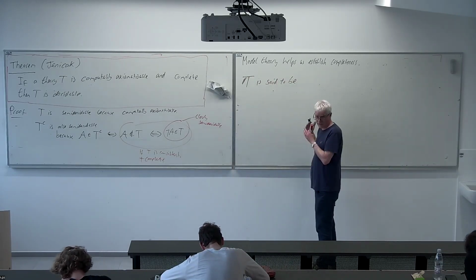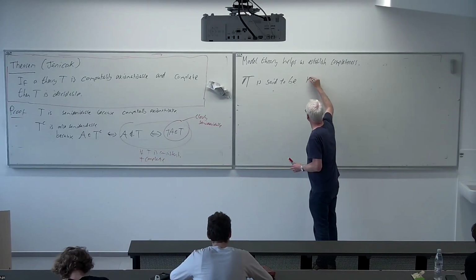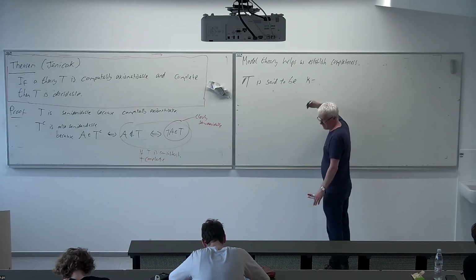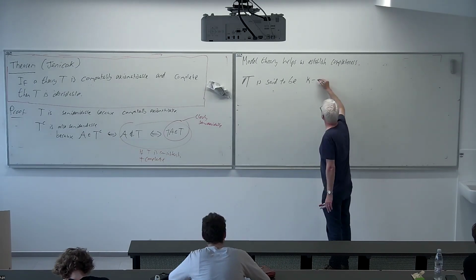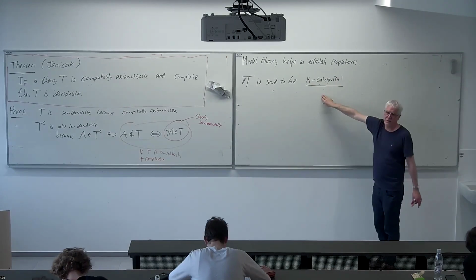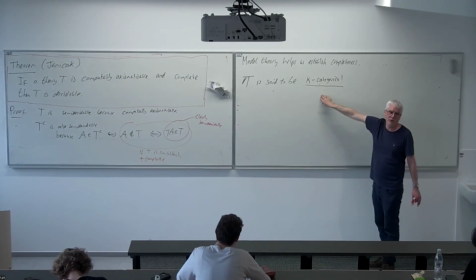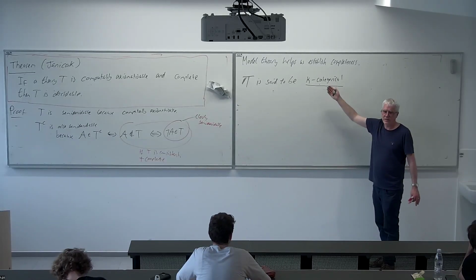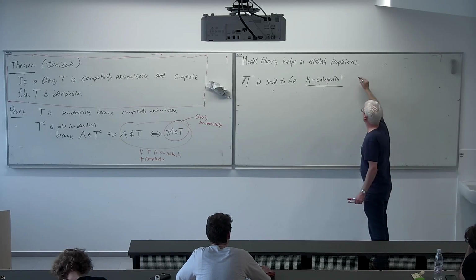Now, this course is not about cardinalities, but still I'm going to put a kappa in here just to be general. In the LaTeX notes, it's not there. So the special case will be when kappa is aleph naught, which is the cardinality of countable infinity. And then people, rather than saying aleph naught categorical, tend to say omega categorical.